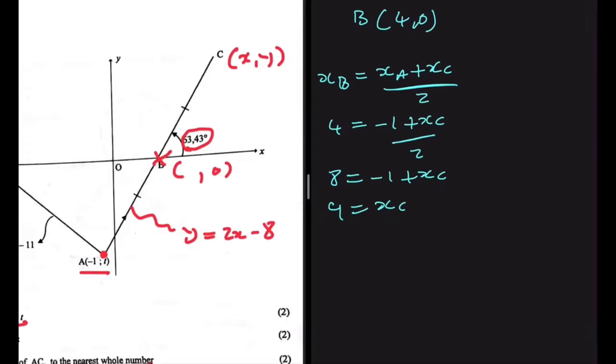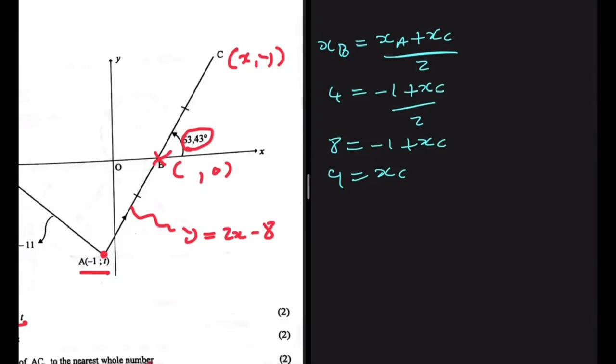y of C, right? Or we can just substitute this coordinate into our equation. So let's use both and see if we get to the same place. So again, here let's say y, we want y now. Y of B equals y of A plus y of C, divided by 2. So y of B, that is 0.